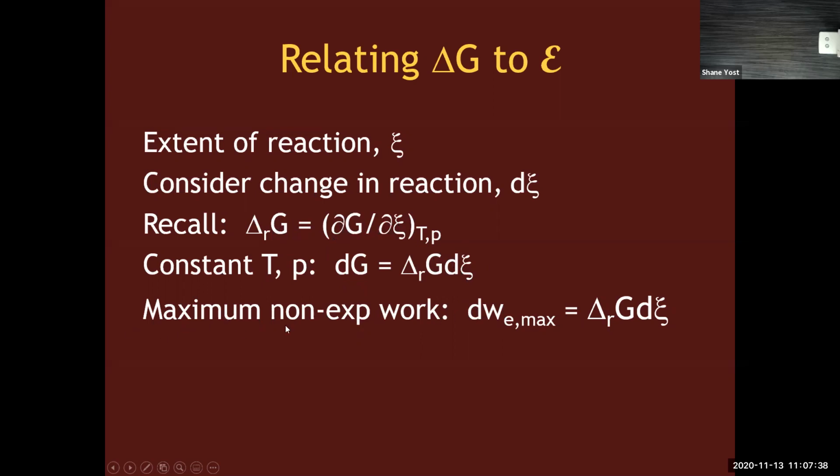Then recall that the maximum work that can be done for non-expansion work is related to the change in free energy, dG. So dG is dw_max,e, where e stands for extra, non-expansion work.